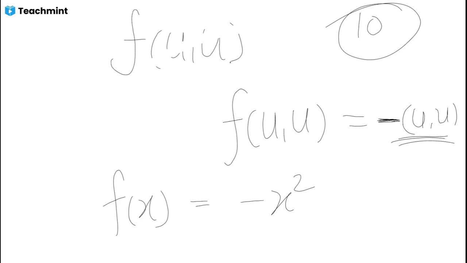So let's see the next definition, that is 2.1.9. Consider the inner product space. Here we are using a vector space along with an inner product.